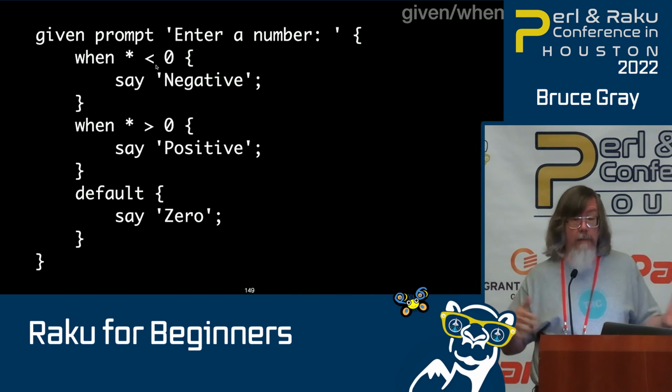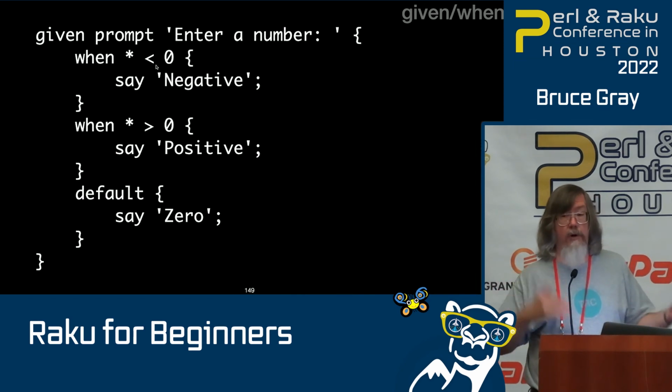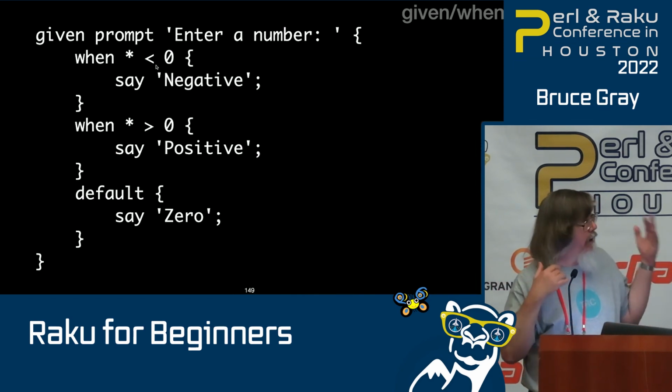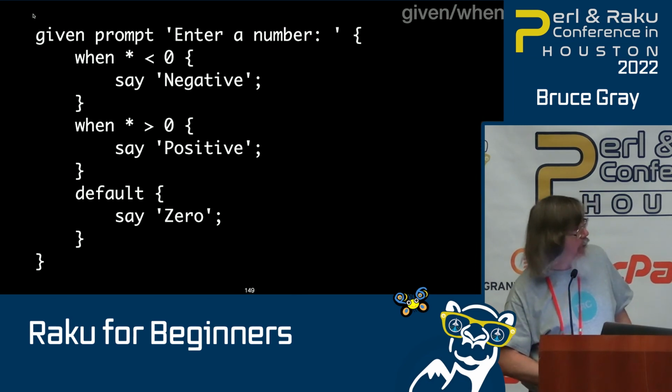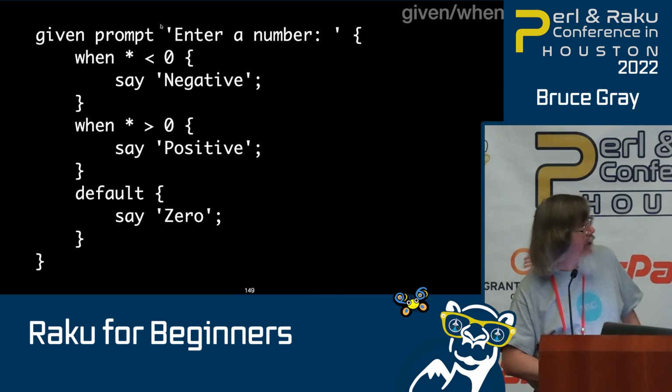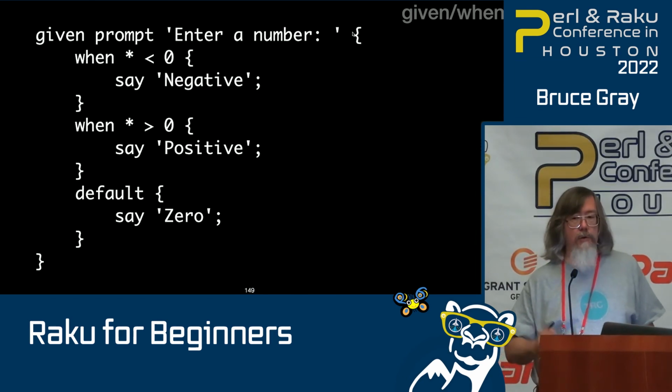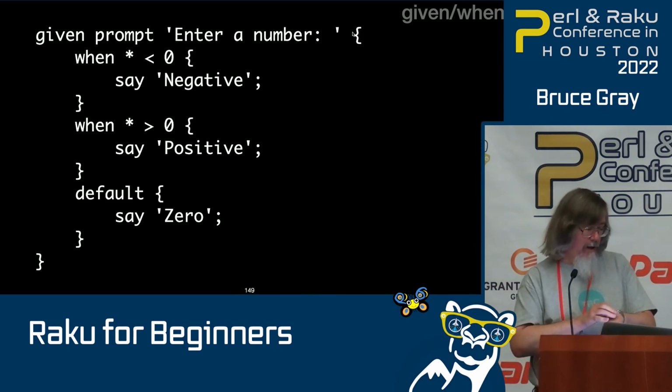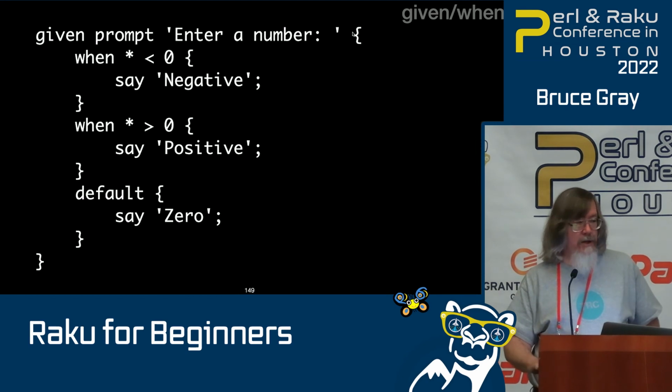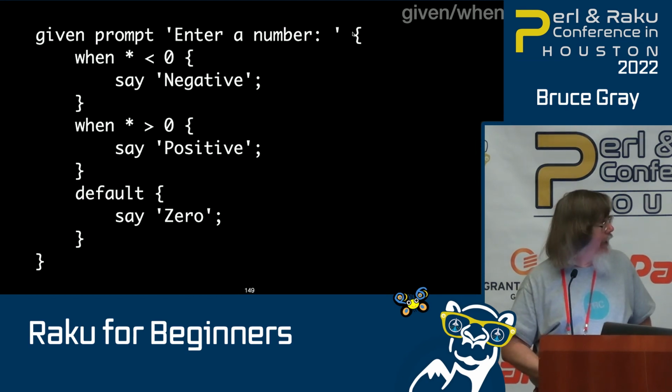Everything that's wrong about smart matching in Perl is because Perl is untyped. So again, we've got the magic whatever star that I'm not prepared to explain, but it works. Given whatever is here between here and the prompt goes into the topic variable, $_, which I have not addressed yet, but it is magic. And I don't know if I'll get to it.